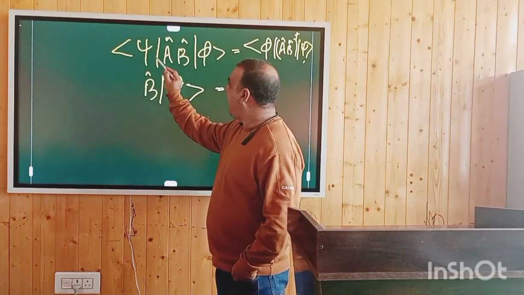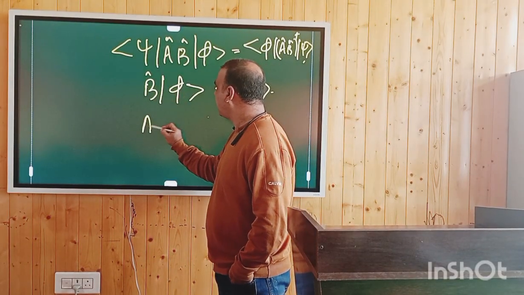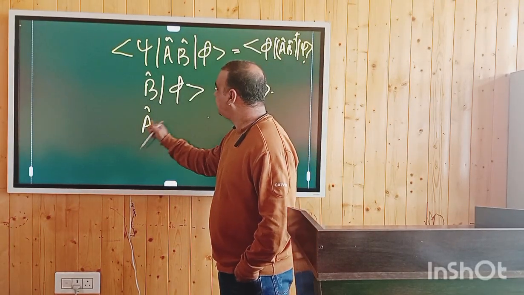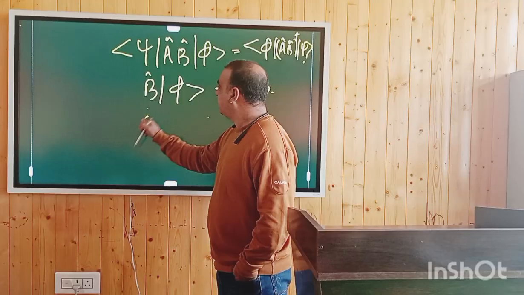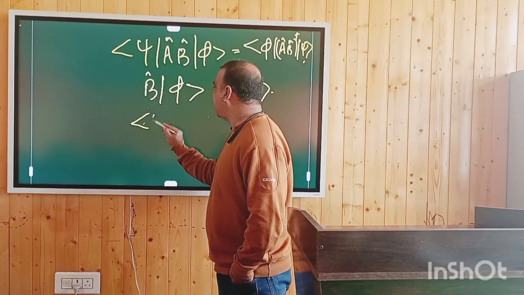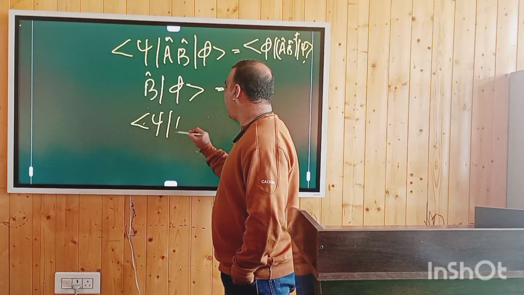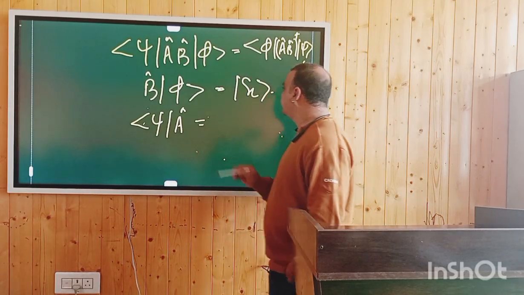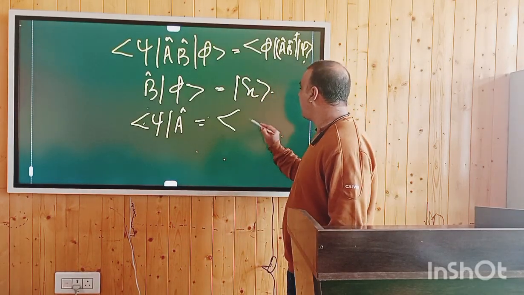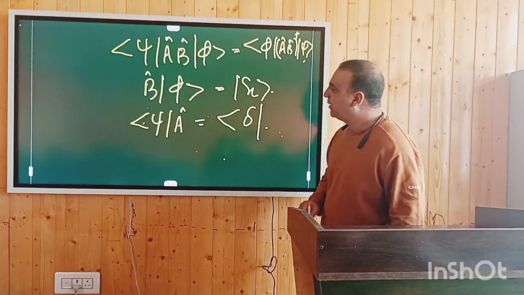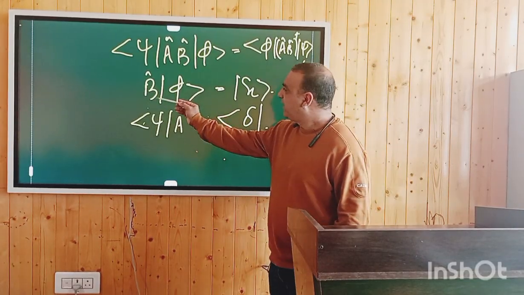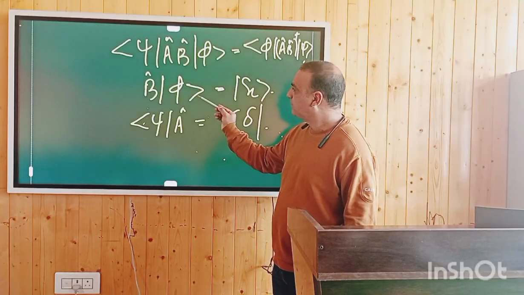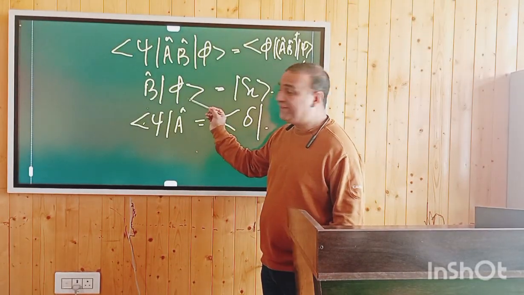And bra psi A cap is equal to the bra delta. Now you understand, if you have B cap ket of phi, if you take its bra, what will that be?